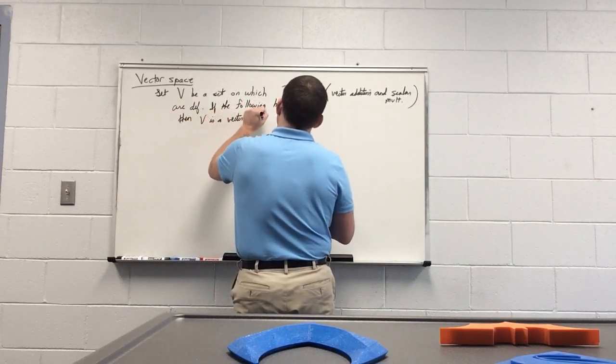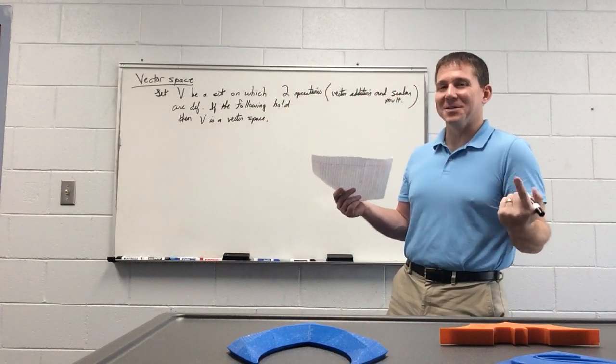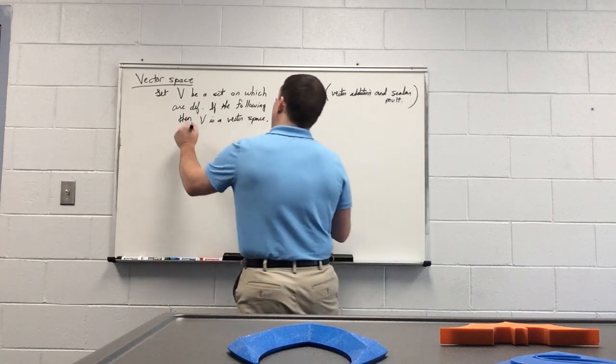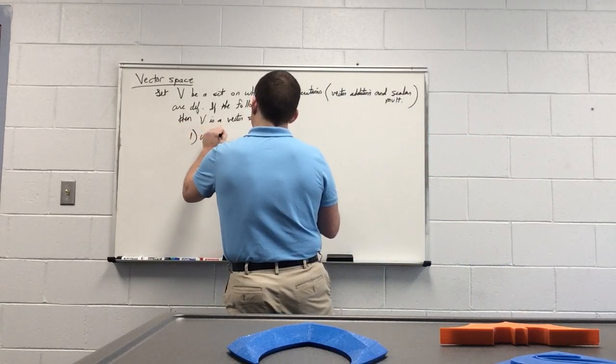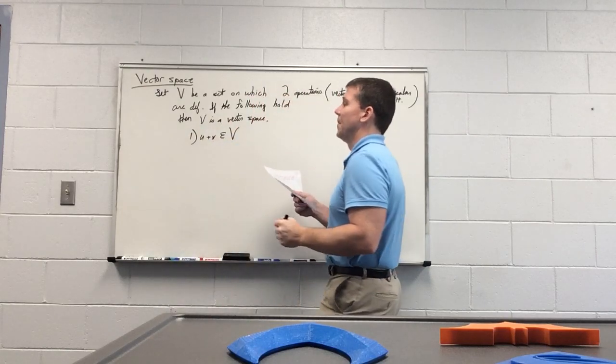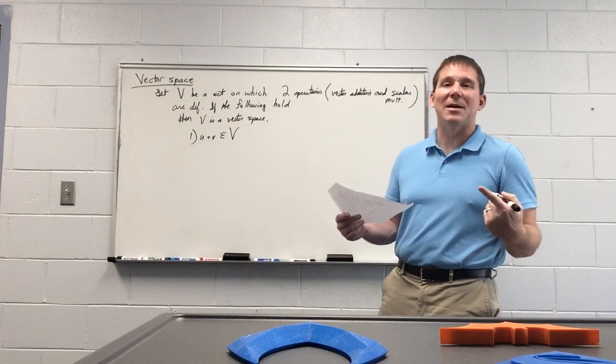And like I said, there's 10 of these, so I'm not going to be able to leave them on my board as we do things because they take up most of the board. 1. u plus v is an element of V. And there's actually kind of shorthand ways of expressing all these things, which I'll get to once we write out all the definitions.